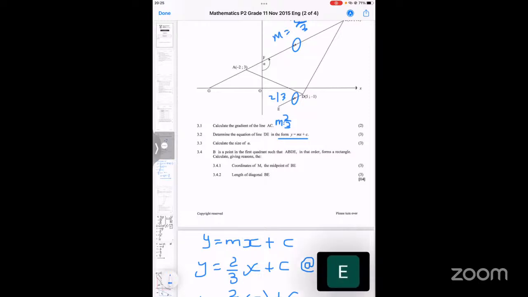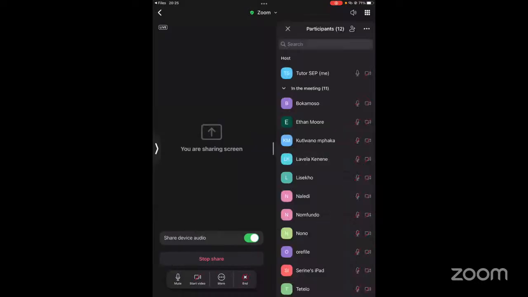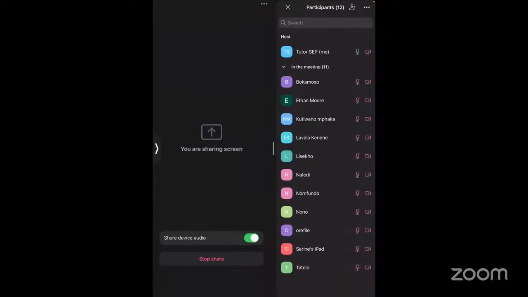Anyone who wants to give it a try? Bouquet Moso, do you not want to give it a try, honorable member? Ethan More, Lavella, second lady Nomfundo, or Phyllis Rain and Detail. Anyone who wants to give it a try, or is it difficult?